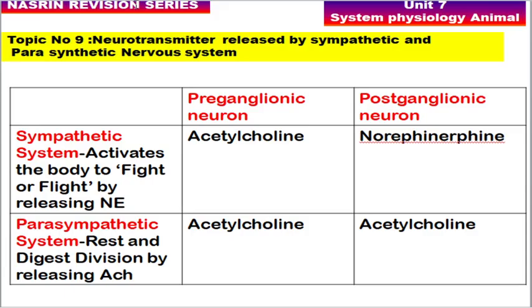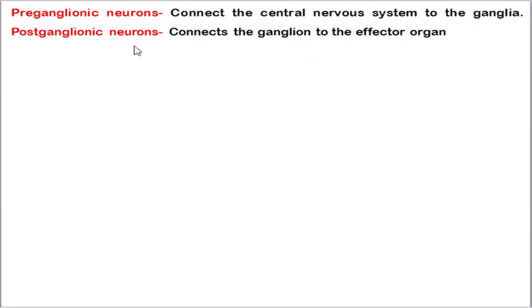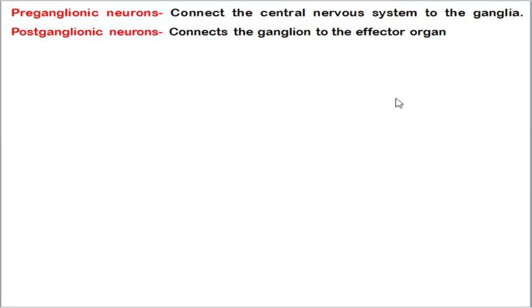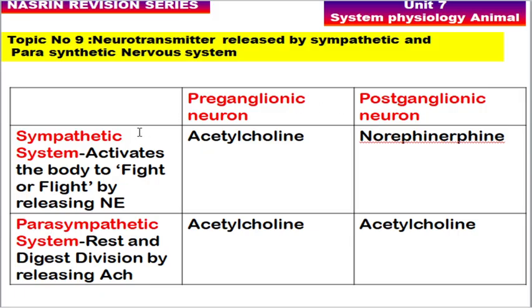The next thing is the neurotransmitters released by the parasympathetic and sympathetic nervous systems. Here I have given preganglionic neuron and postganglionic neuron. The preganglionic neuron connects the CNS to the ganglia, whereas the postganglionic neuron connects the ganglia to an effector organ. That's the difference. The sympathetic nervous system, as you all know, activates the body's fight or flight response.